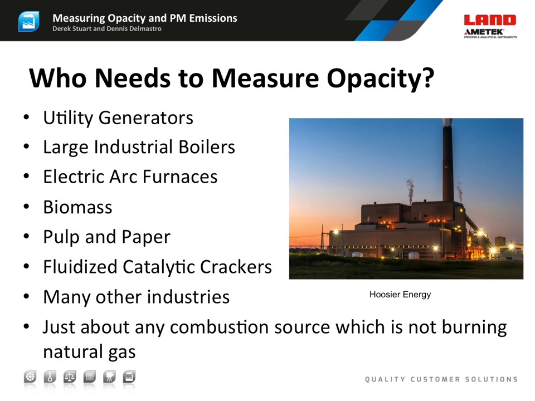Based on years of experience, there are about 24 industries which must monitor opacity or particulate, including coal-fired utilities, industrial boilers, electric arc furnaces, pulp mills, municipal solid waste facilities, fluidized catalytic crackers, biomass, mineral processors, glass manufacturers, sewage burners, and others. Just about any combustion source burning any fuel other than natural gas must measure opacity or particulate.